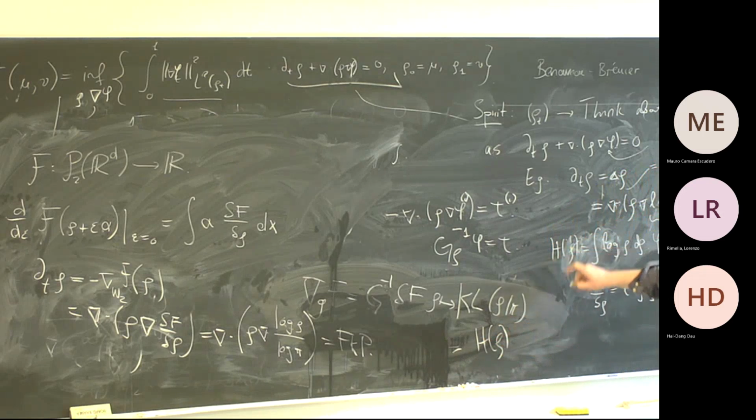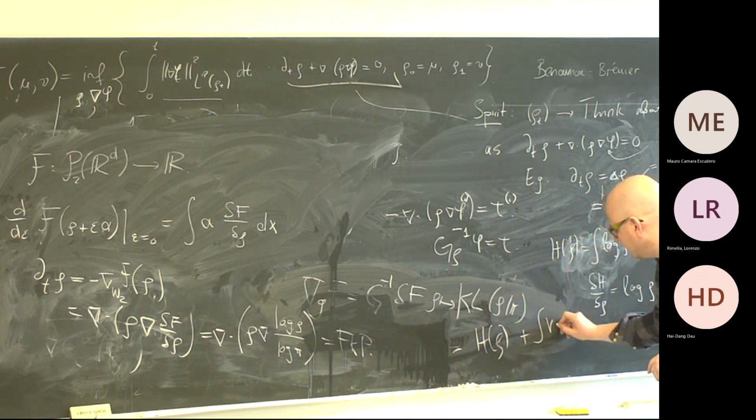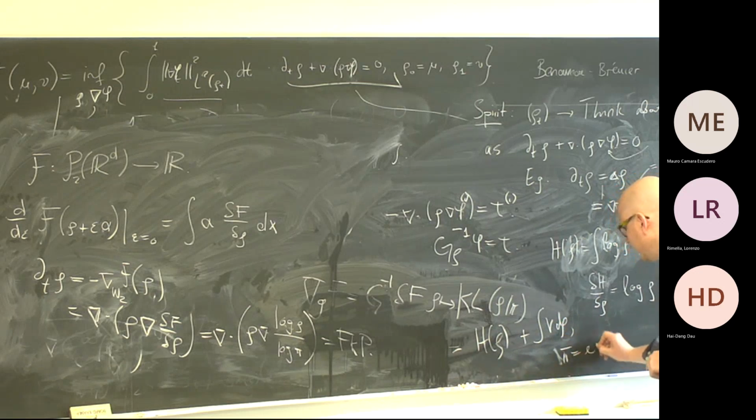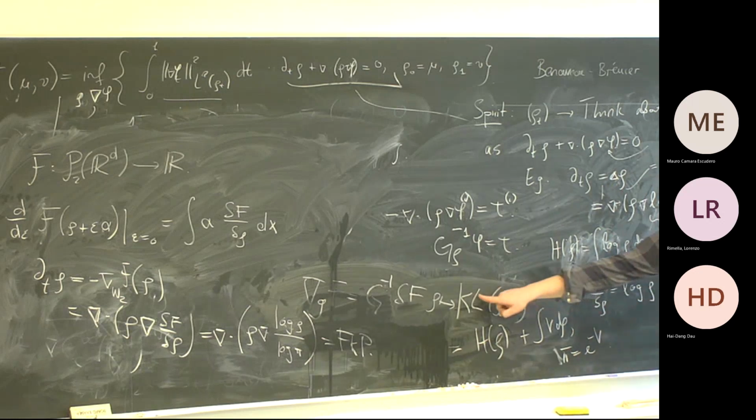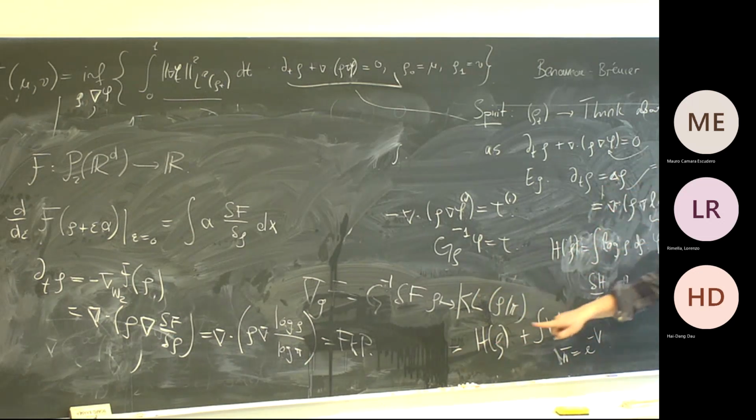One is this, and then this, where pi is e to the minus V. If you write out the KL, you get two terms, one of this, which we already have, and then you get a second term, and you get the drift term in the Fokker-Planck equation.